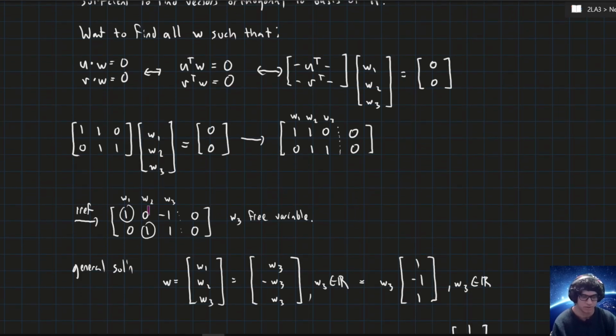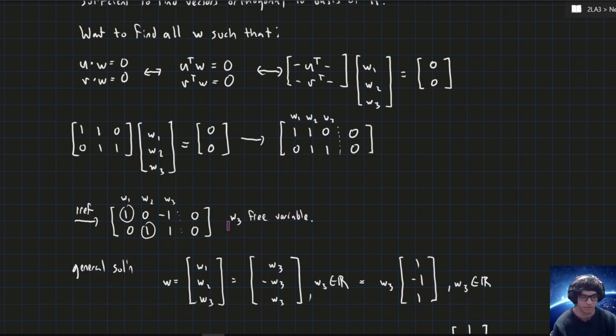Reduced row echelon form is just one operation away from this, so we get this here. I have pivots in column 1 and column 2, but no pivot in column 3. So w3 is going to be a free variable.